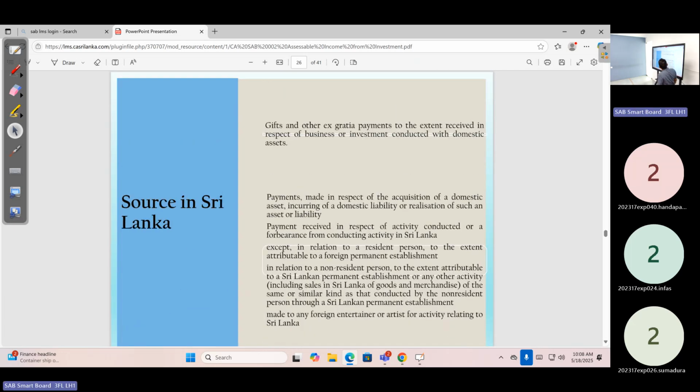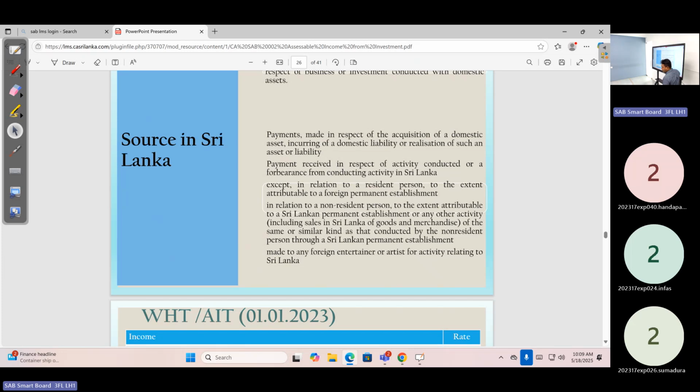Gifts and other extra payments to the extent received in a business of investment conducted with domestic assets. That type of thing we consider as a source in Sri Lanka.